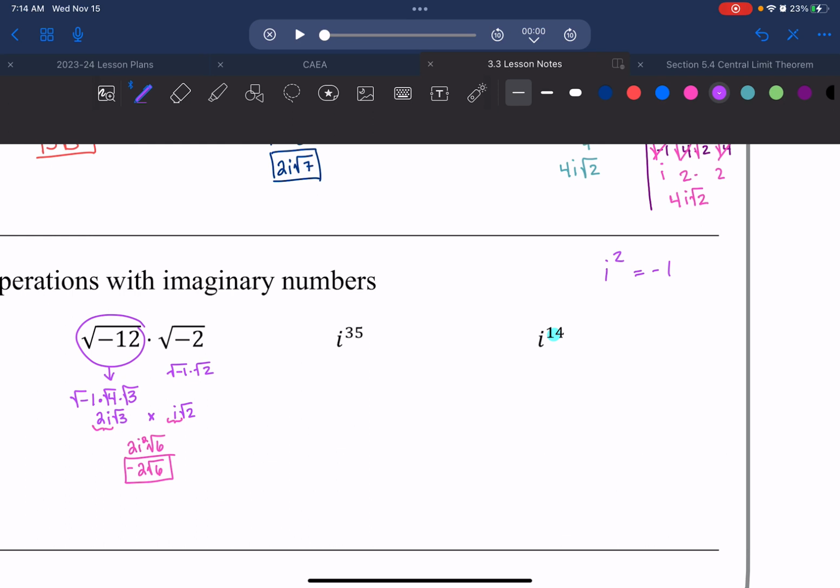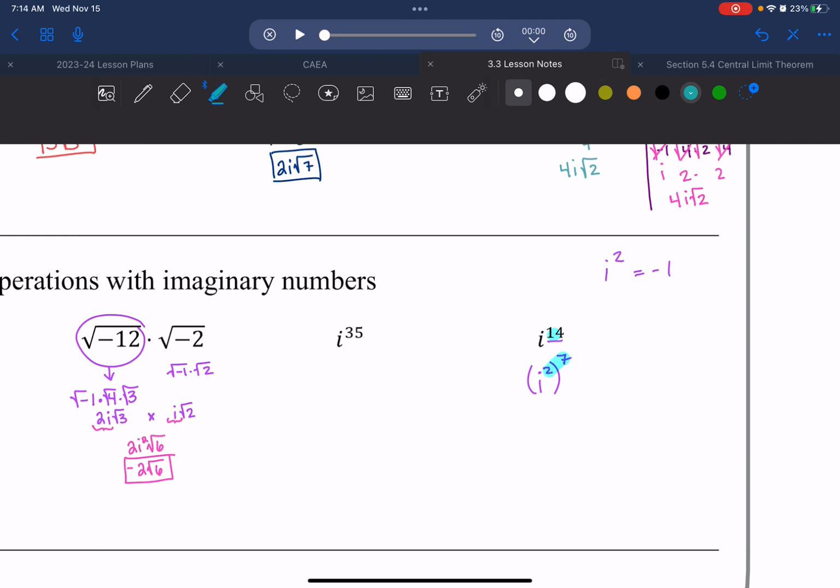So I'm going to rewrite i to the 14th power in a set of i squareds. If I break down i to the 14th into i squareds, there would be 7 of them, and I get that by a simple division of 14 by 2, which gives me 7.